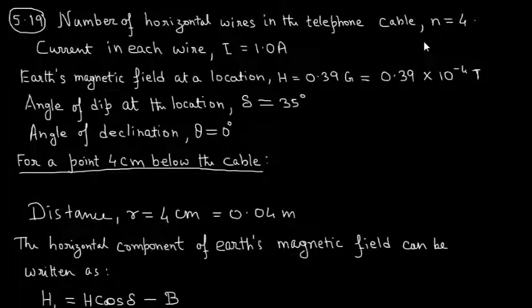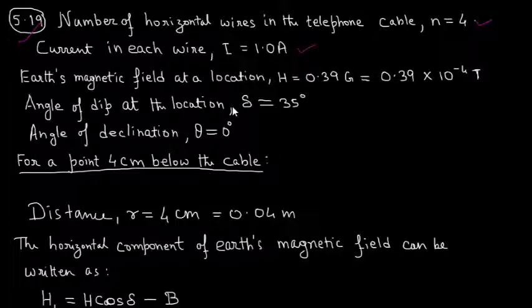So the solution for problem number 5.19 is: the number of horizontal wires in the telephone cable N is equal to 4. Current in each wire I is equal to 1.0 ampere.